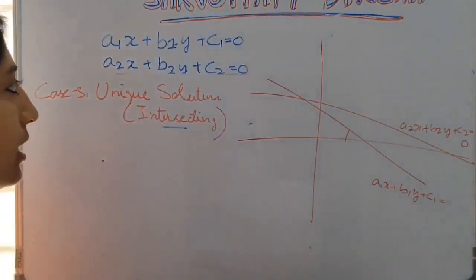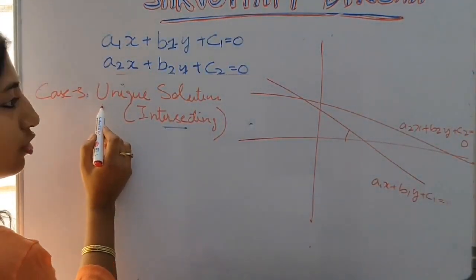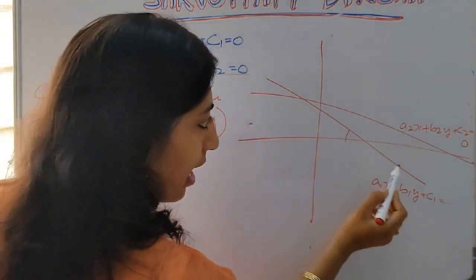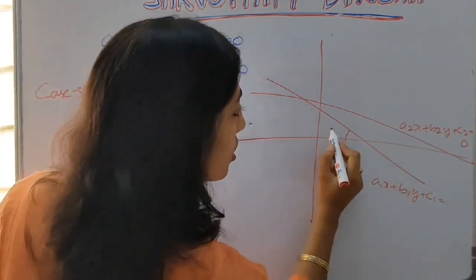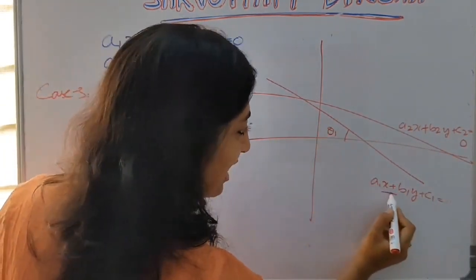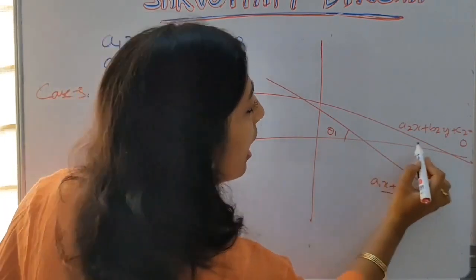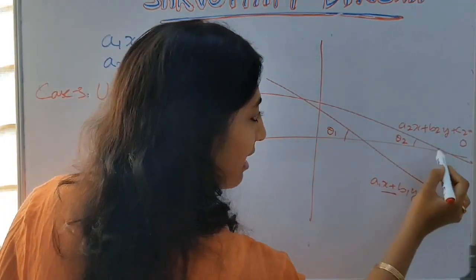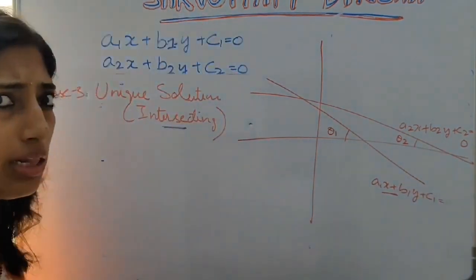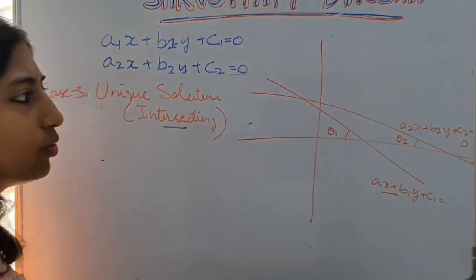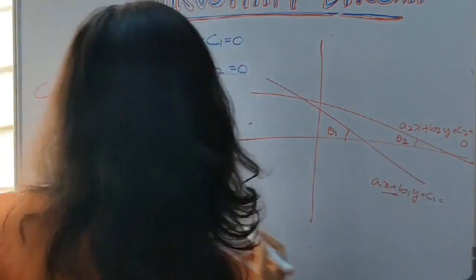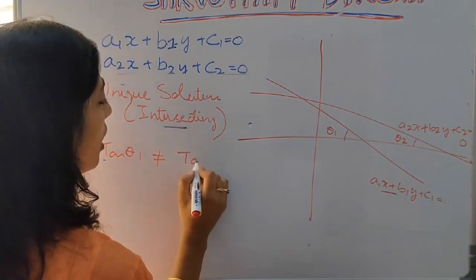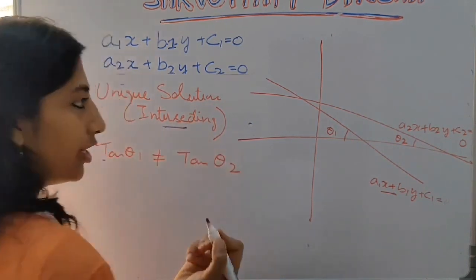Let us consider the case I have unique solution, that is, my lines are intersecting. So the graphs are plotted here. This angle which the first line will make with x-axis has to be different from the angle made by the second line with x-axis because they are not parallel. So the two angles have to be unequal. Again, x-axis is transversal, that is, my tangent theta 1 should not be equal to tangent theta 2.